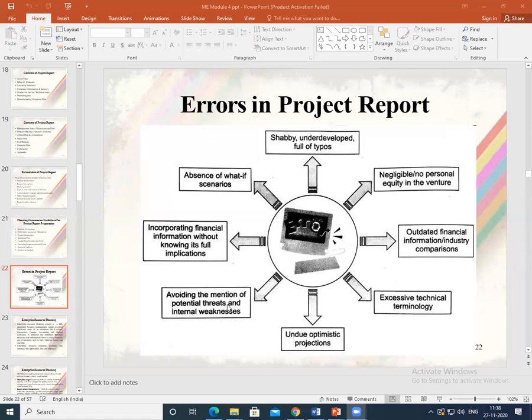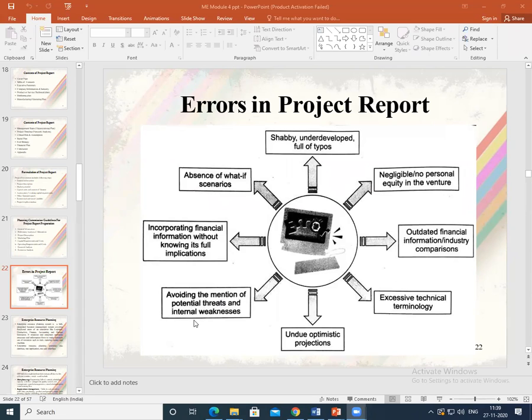See, avoiding the mention of potential threats and internal weaknesses. That is, though you have done a project, you need to mention its drawbacks. Though the project is done to overcome a few things, ultimately even this project will have a loophole, in the sense that you need to do a SWOT analysis: strengths, weaknesses, opportunities, and threats.